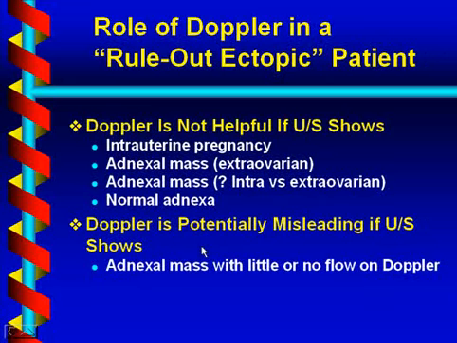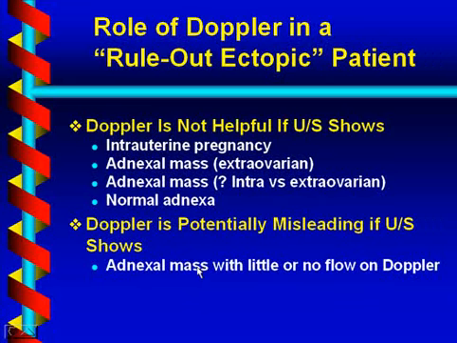If the ultrasound shows an adnexal mass and there's little or no flow on the Doppler, what we're probably looking at is a hematoma in a patient with an ectopic pregnancy. And we expect to see little or no flow on Doppler in a hematoma.